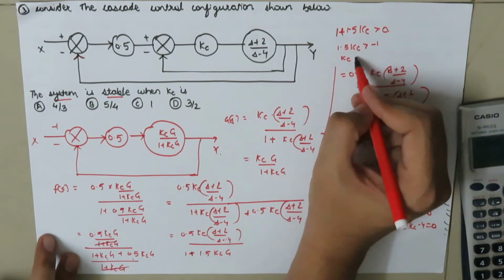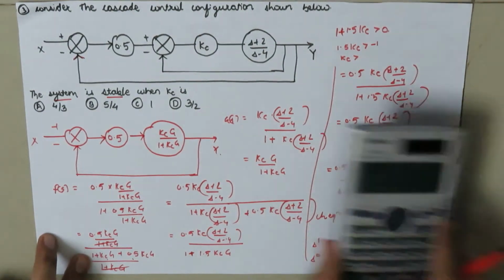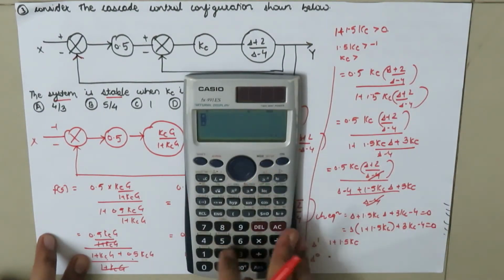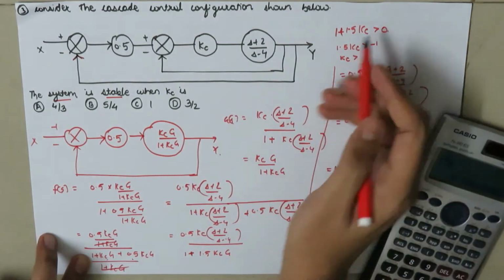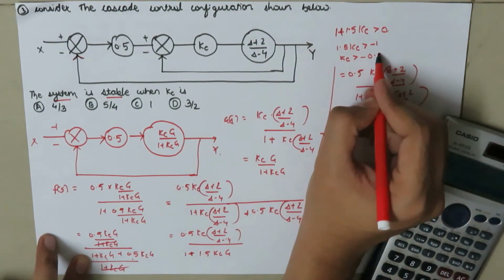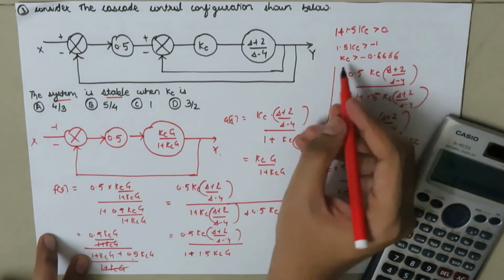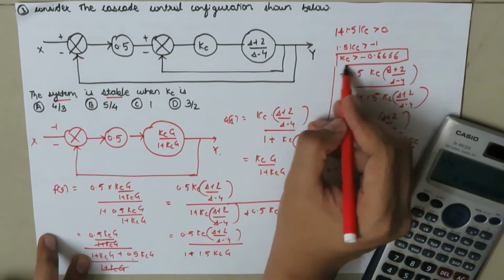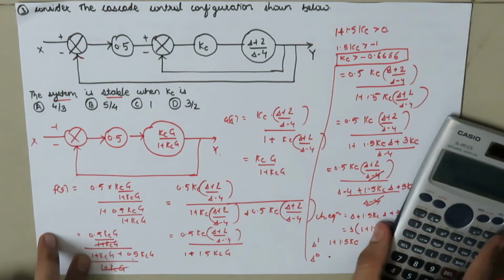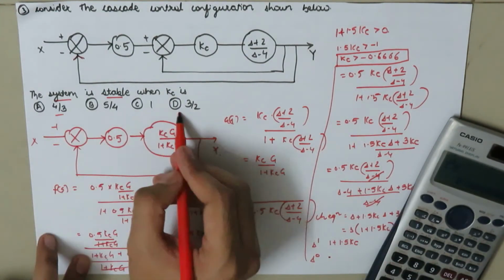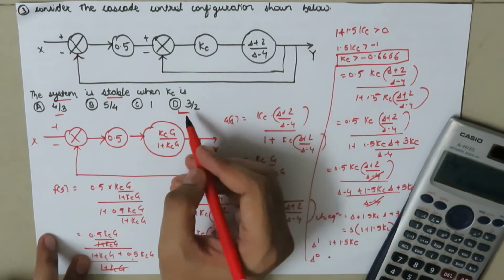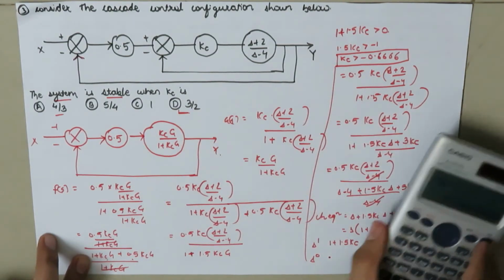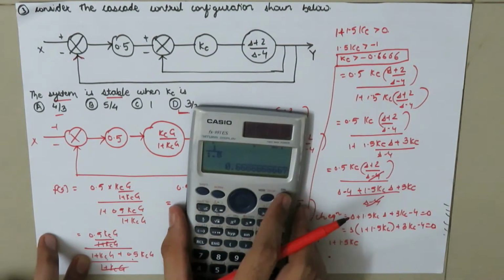So Kc should be greater than -1 over 1.5, that is, Kc should be greater than -0.6666. Now in the given options, we are going to check that the right answer will be the one which is greater than -0.6666.